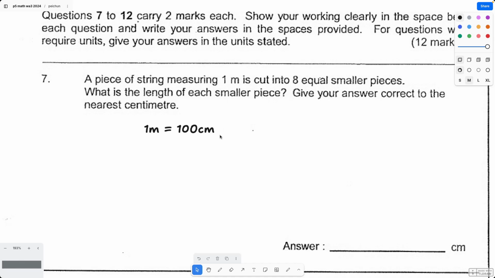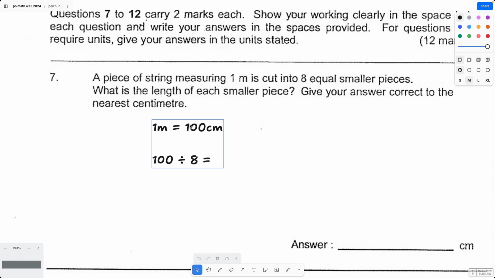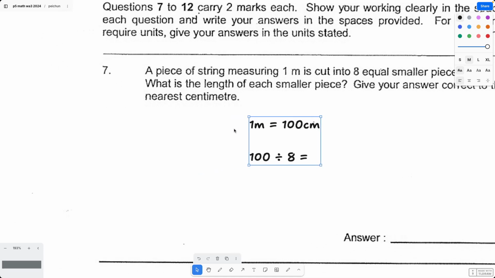Now we want to know how much is one equal small piece. So we have 100, and then we divide it by 8. So we want to do the workings for this. So 100 divided by 8. Let me just put it on the left instead.